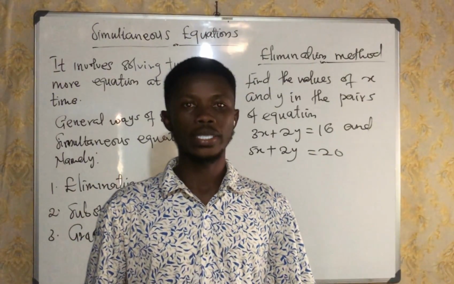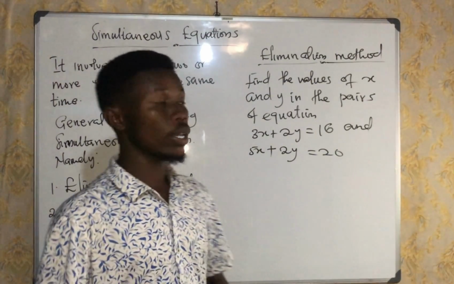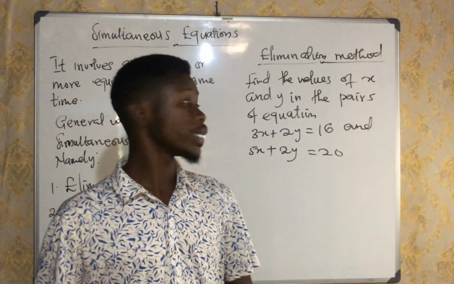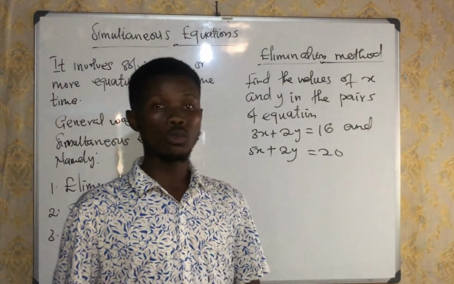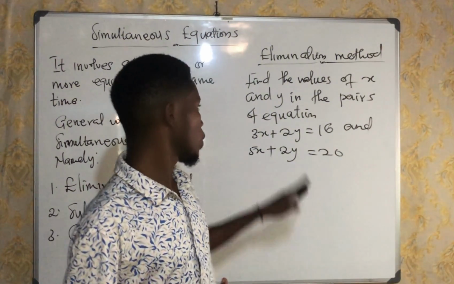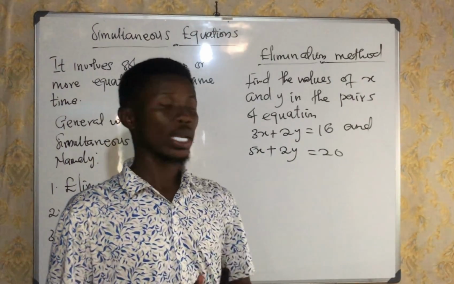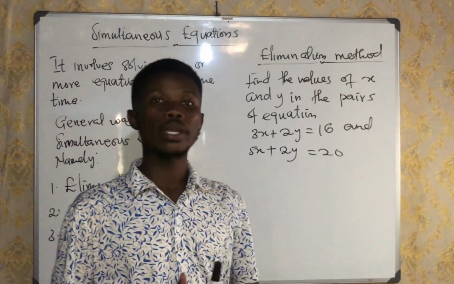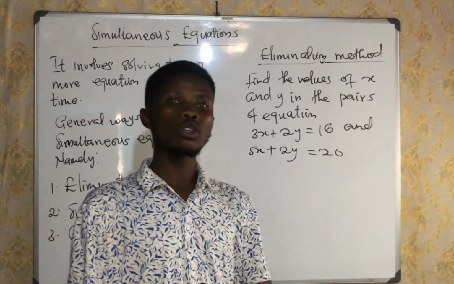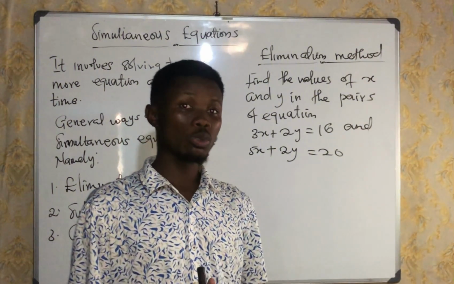Now let's look at this example. Find the values of x and y in the pair of equations 3x plus 2y equals 16 and 5x plus 2y equals 20. For you to be able to do this, you want to use the elimination method.